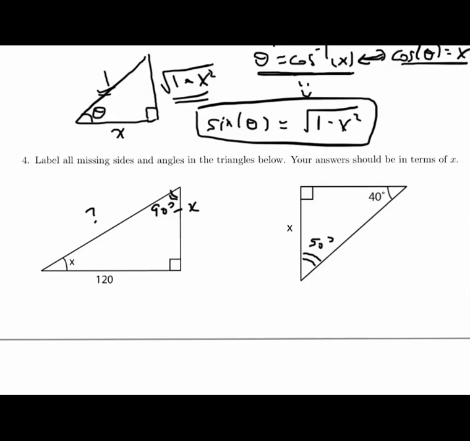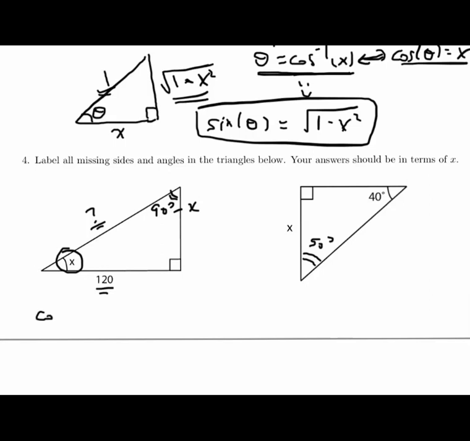And for the first triangle, the triangle on the left, let's find what that side is equal to. This is my angle that I'm focusing on. There is a relationship between that angle, this side, and this side. In other words, the angle, one thing I'm given and one thing I'm trying to find out. The 120 is the adjacent side to the angle x, and of course the question mark is the hypotenuse.